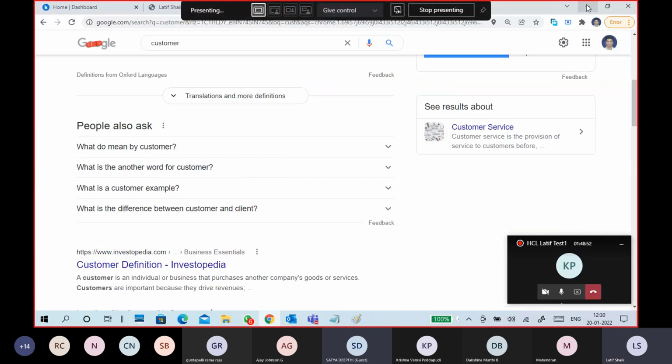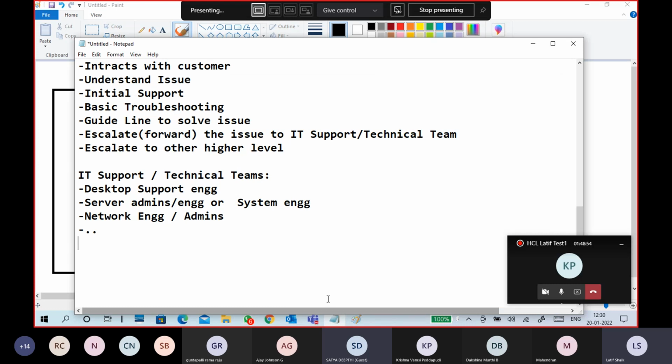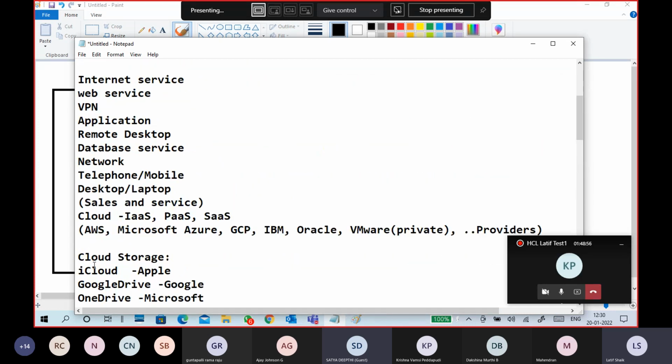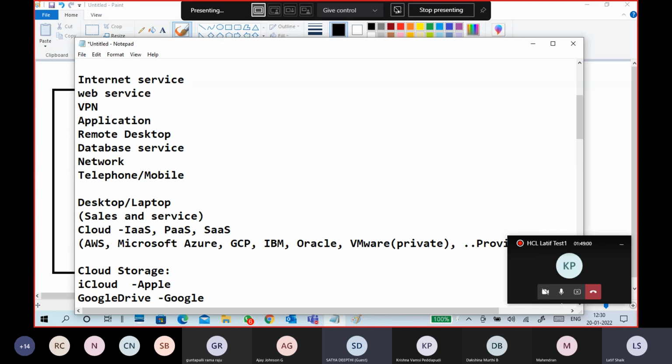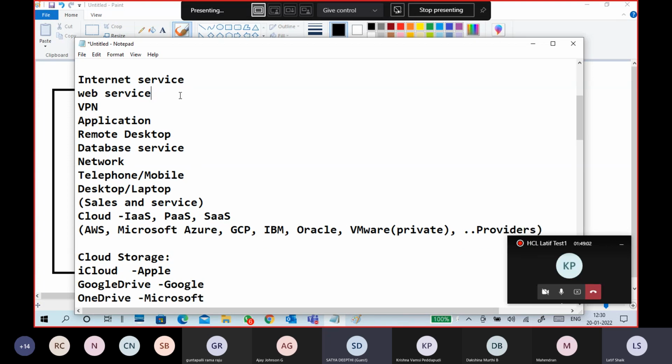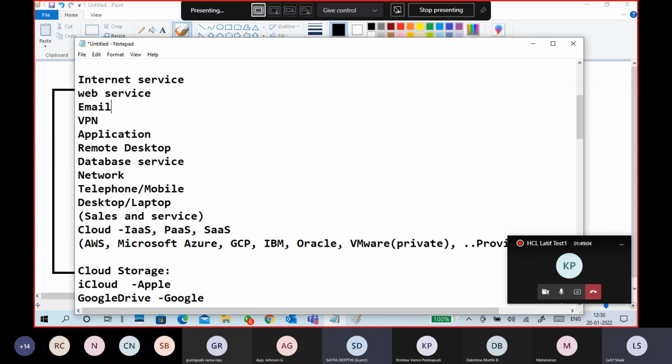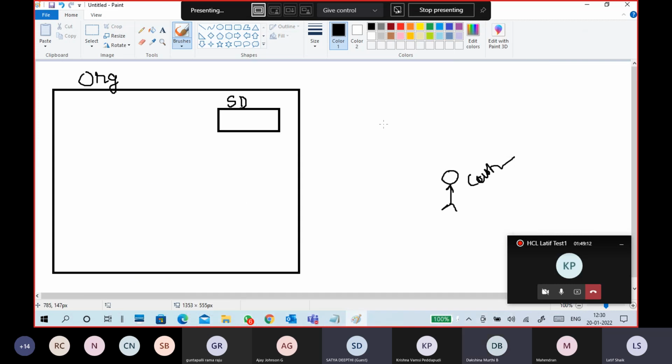I didn't add that one. Mail services. Why do we forget mail services? That is a very big one. Yahoo Mail, Gmail, a lot of mail services are out there. Outlook.